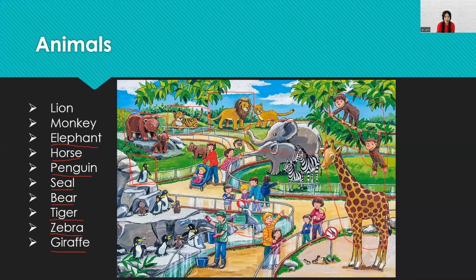For example, tiger. Tiger can live in the forest without the help of humans, right? So tiger or lion or elephant, maybe sometimes, right.